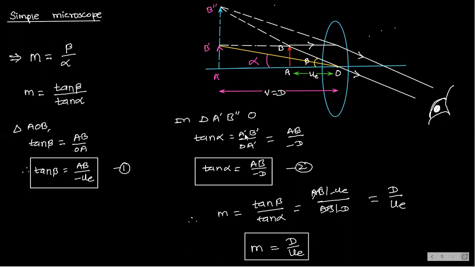Now condition number 1: when the image is formed at LDDV, meaning the least distance of distinct vision.